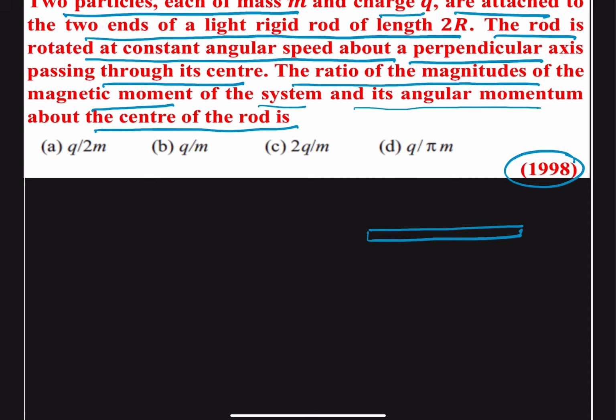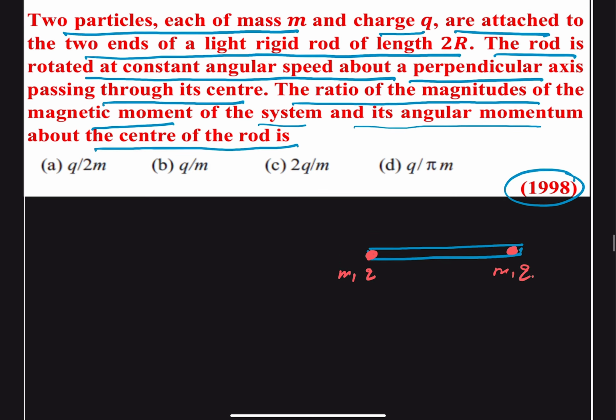So we can just draw, this is one particle, charge q, mass m, this is another particle, mass m and charge q. And we have to find, in this case, our magnetic moment and the angular momentum. And the length of the rod is given as 2r.